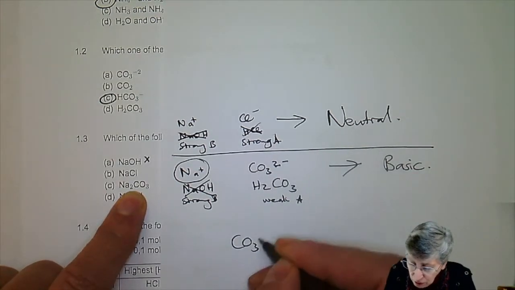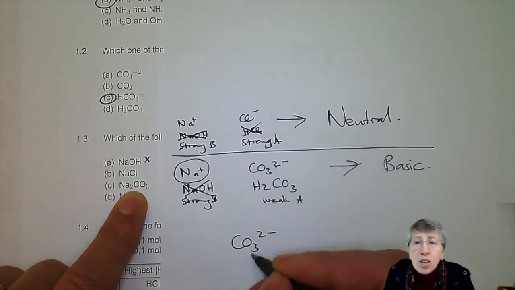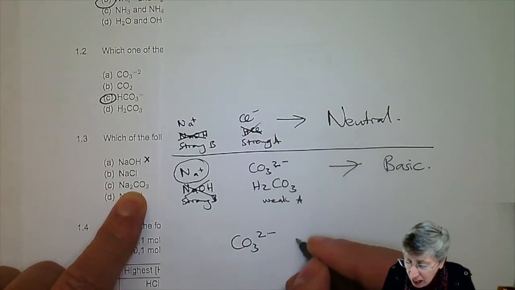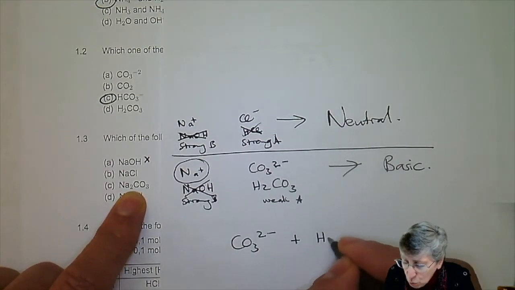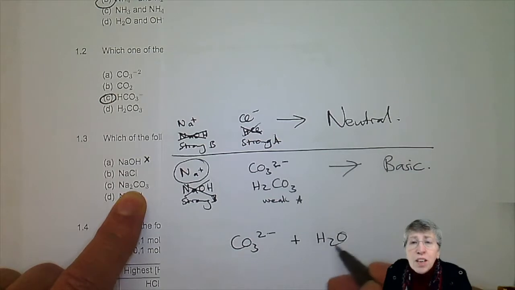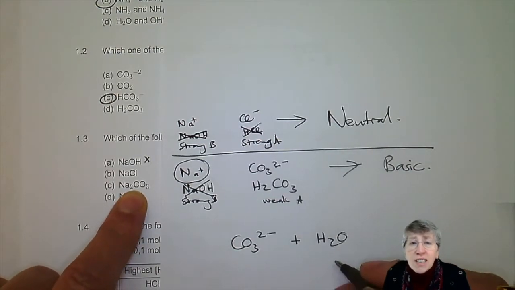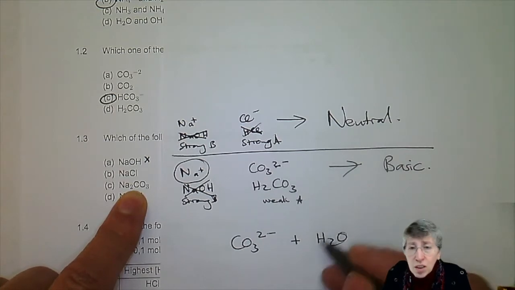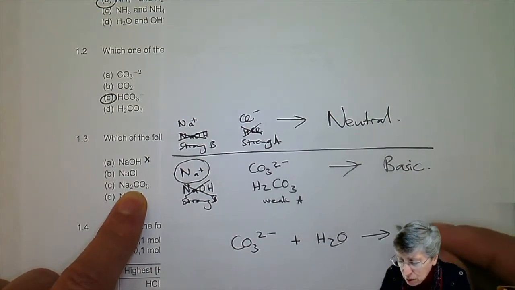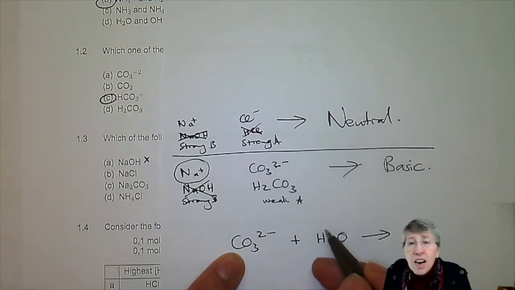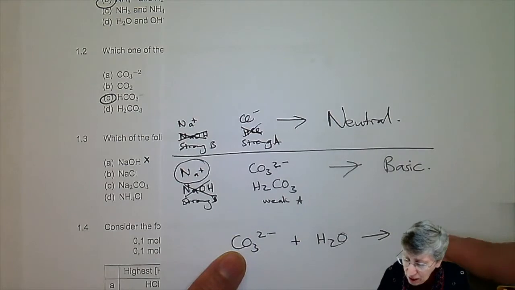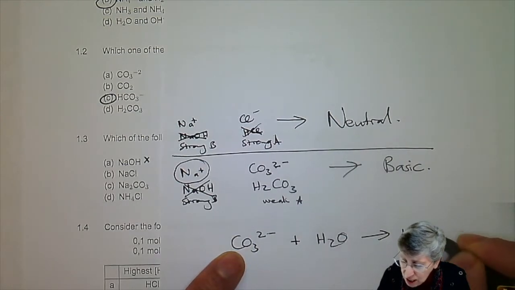So we have CO3 2 minus, the carbonate ion, and hydrolyze means reaction with water. So don't go putting in there H plus or OH minus. It is hydrolysis. It's reacting with water. So the whole water molecule goes there. And what happens is a hydrogen ion, an H plus, a proton, is donated from there to there. And then we end up with HCO3.